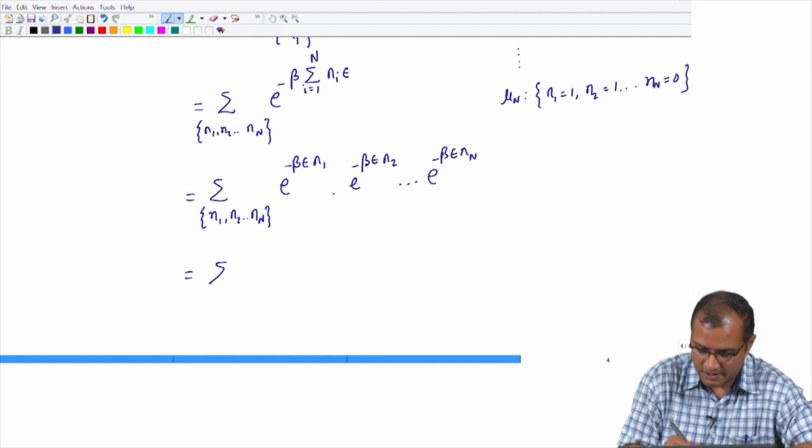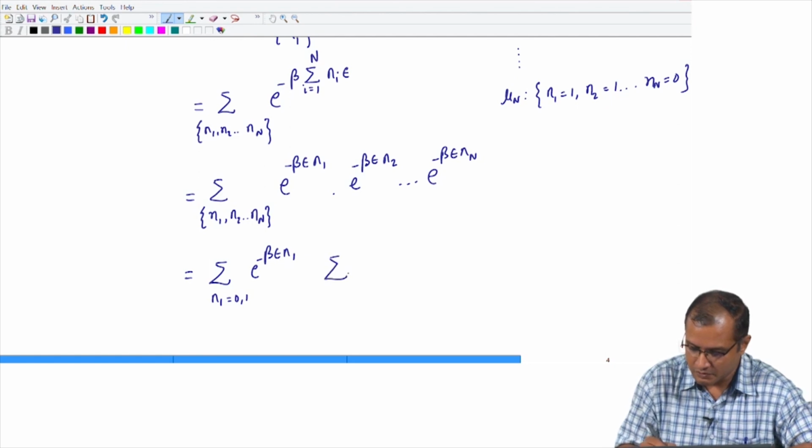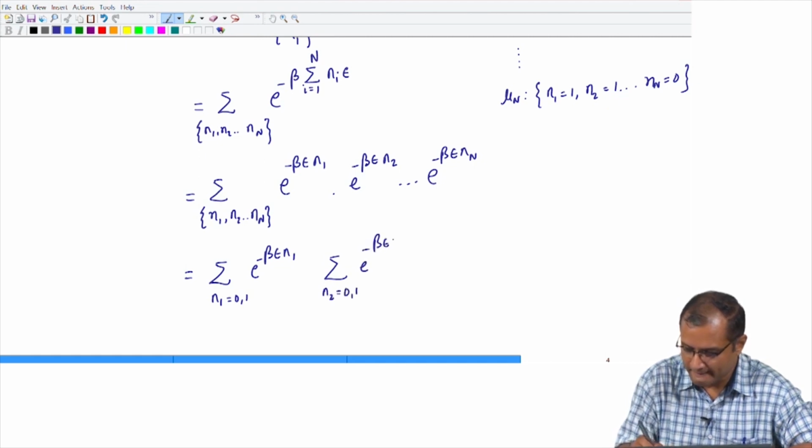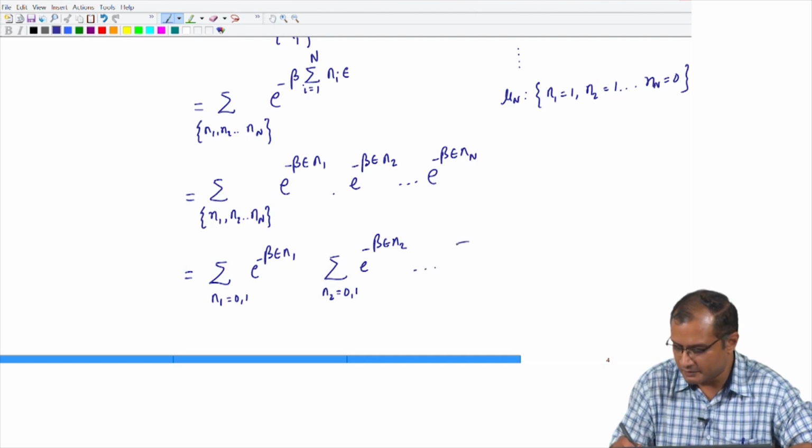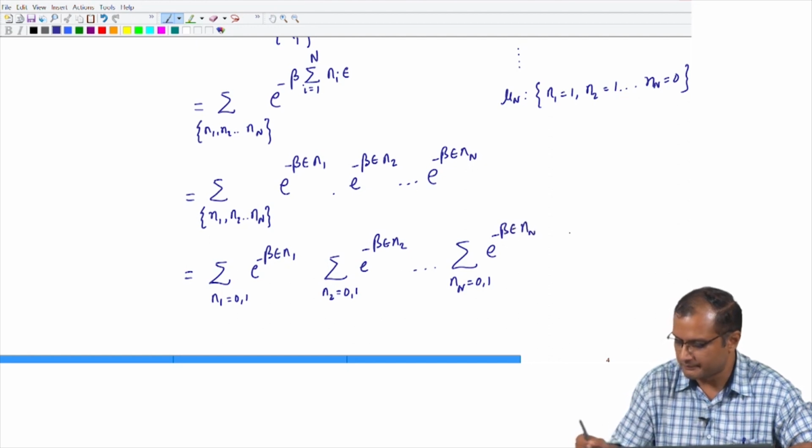So, I can now write it as summation over n1 going from 0 to 1, n1 can only take 0 or 1, e raised to minus beta epsilon n1 into, these are all independent variables, so these summations are independently applied, all the way to summation over nN which is 0 or 1, e raised to minus beta epsilon nN.